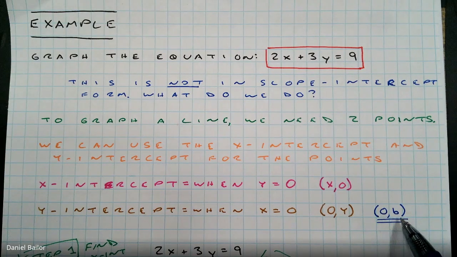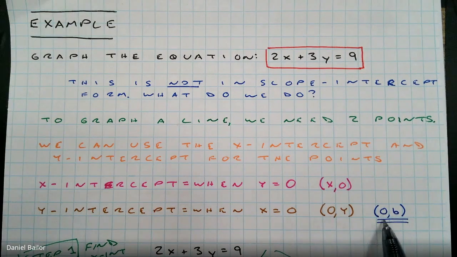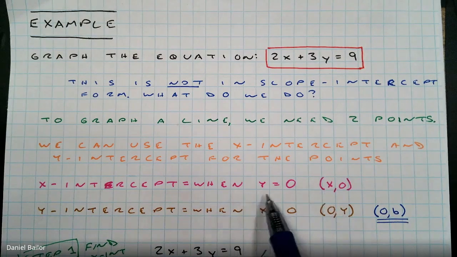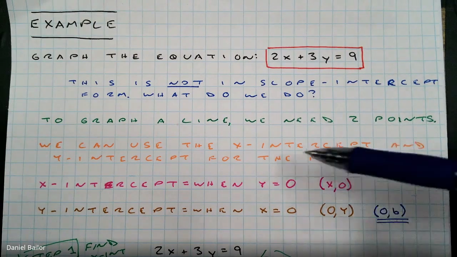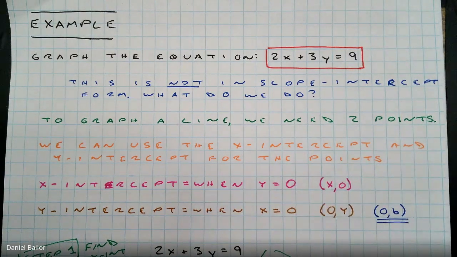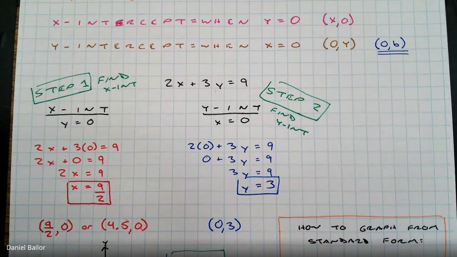Y-intercept is b, and the x is 0. And the x-intercept is opposite, when the y is 0. So we can use this knowledge. X-intercept means y is 0. Y-intercept means x is 0 to find our points, which is what I did down here.